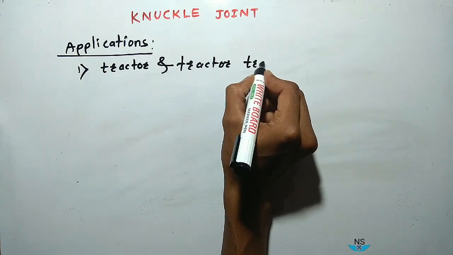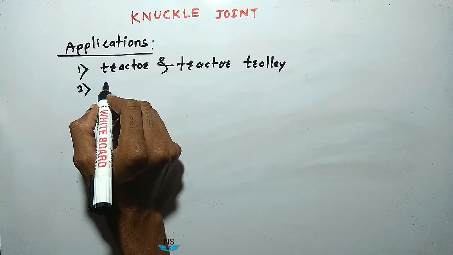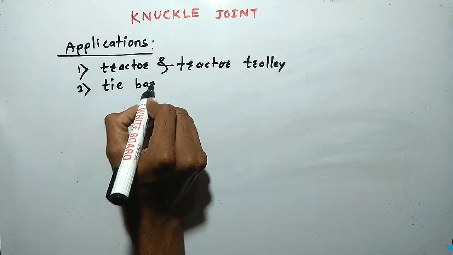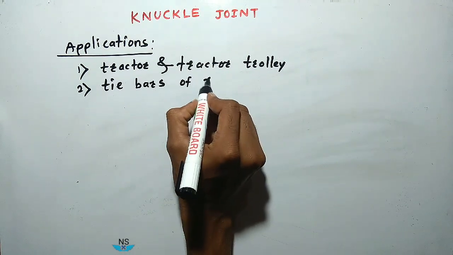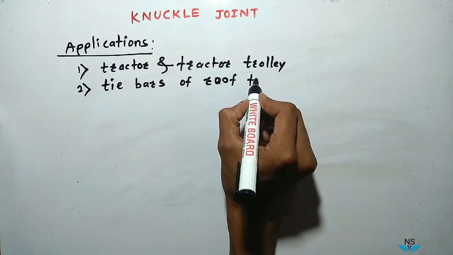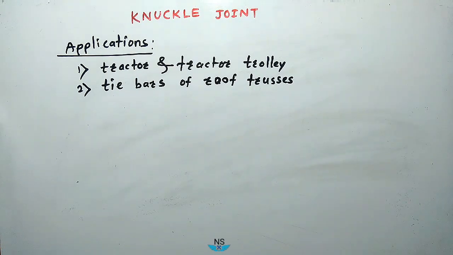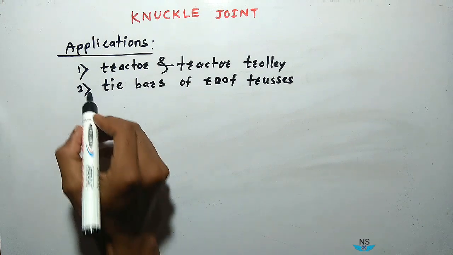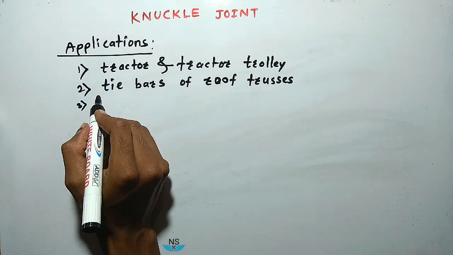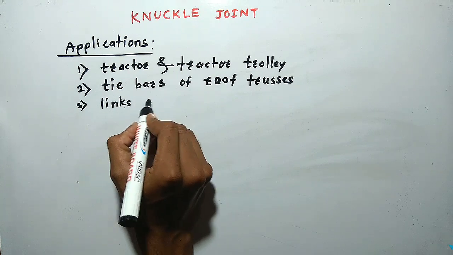Also, it is used in the joints between the tie bars of roof trusses. In roof trusses, there are n number of links, and those links are connected by using knuckle joint. Then the third application is joints between the links of suspension bridge.